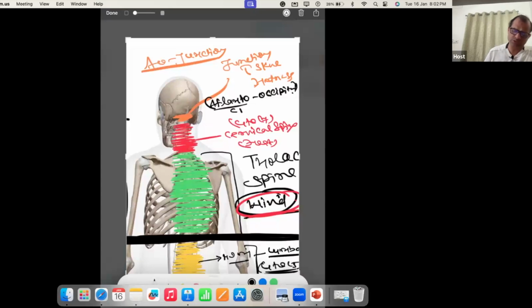Atlanto means C1. The name of C1 is Atlas. The C1 is called Atlas. And occipital means this is the occipital bone.